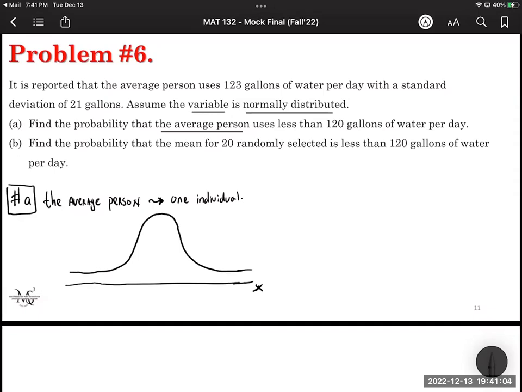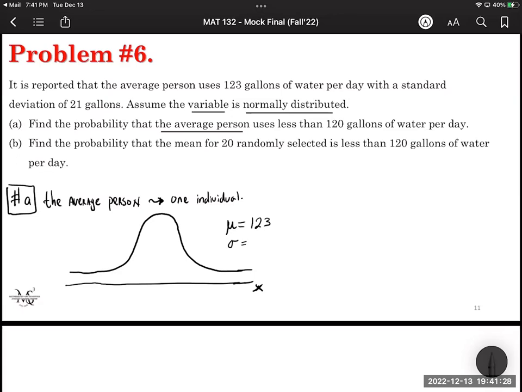For this normal bell-shaped curve, the variable x, there are two things that I know about it. First of all, it gives me the mean. What is the mean for this problem? 123. Yeah, you got it.